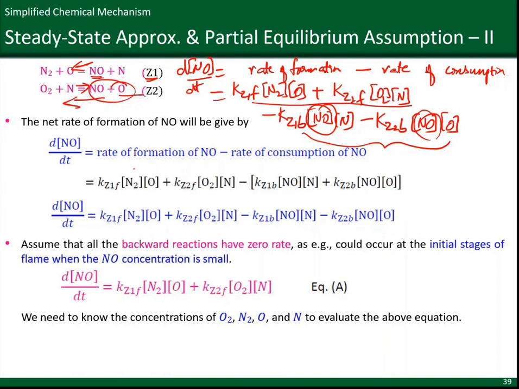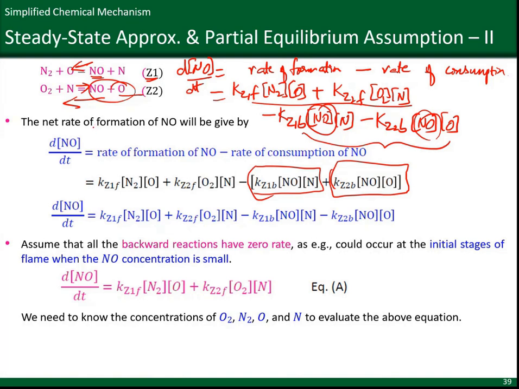When we talk about NO, it's only being formed, but it's not really being consumed. So what we're essentially saying is that the backward reactions are not really happening. They're almost negligible.